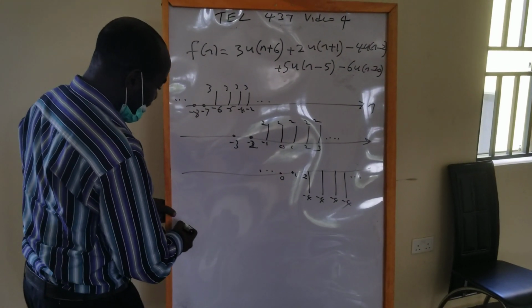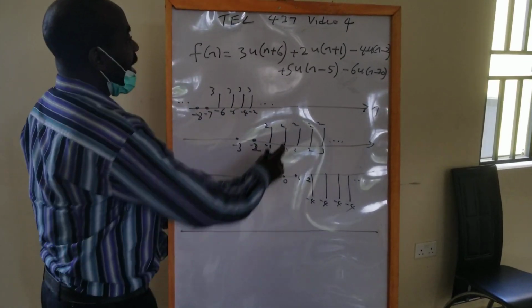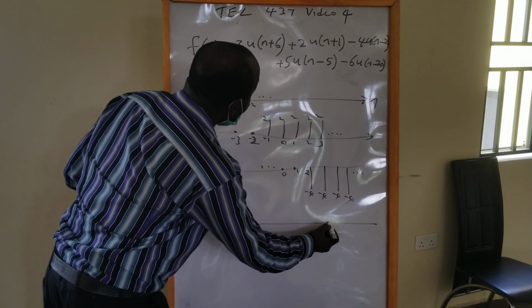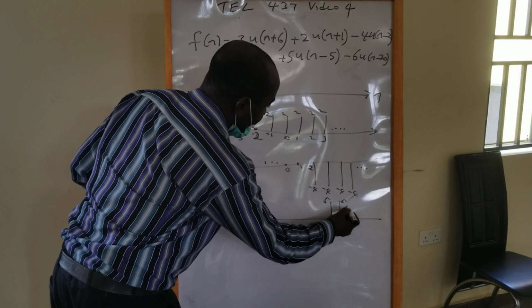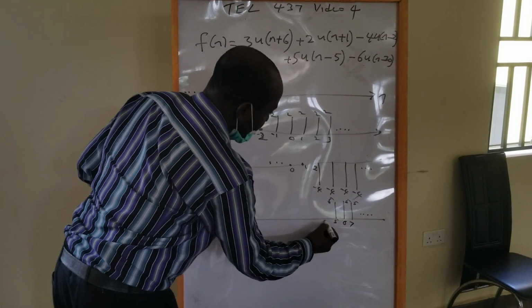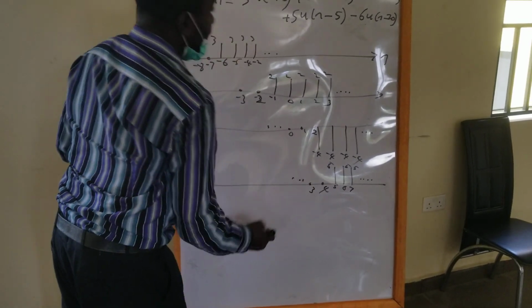Then number 5. N equals 5 when we're starting. At 5, this will be what? Height 5, height 5, height 5, at 5, 6, 7. At 4 is going to be 0, at 3 is going to be 0, and like that.